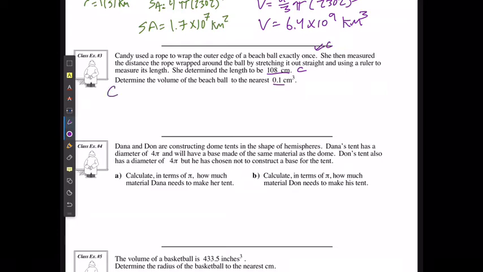So if the circumference is equal to 2 pi r, which in this case is equal to 108, then r is going to equal 108 over 2 pi when I isolate it, or 54 over pi. We're going to leave it as that exact value for right now.